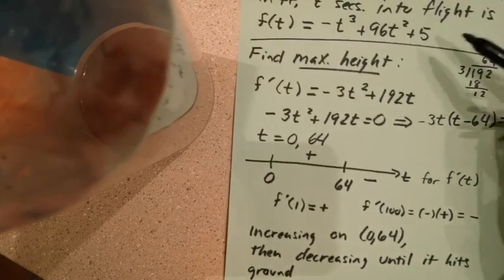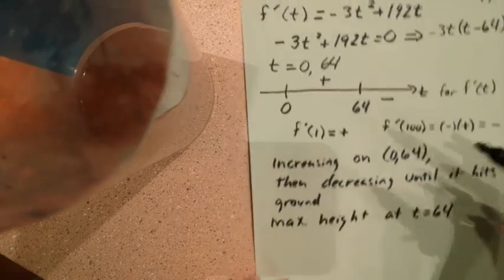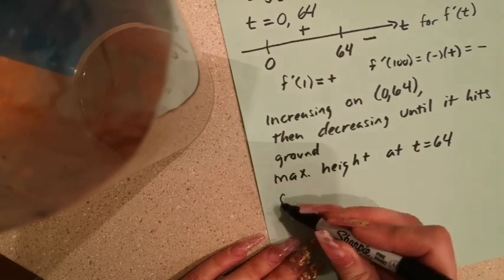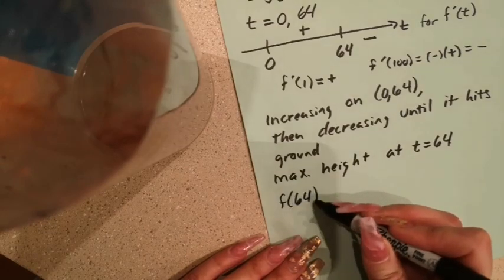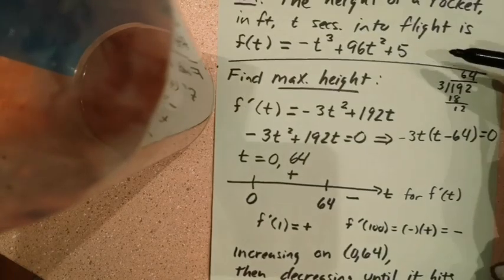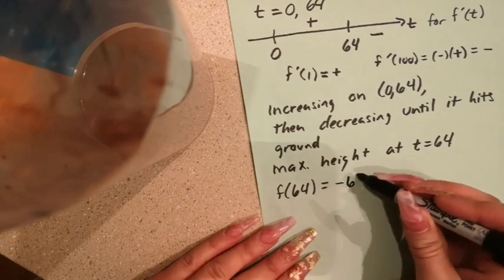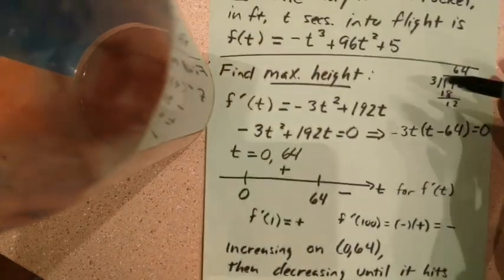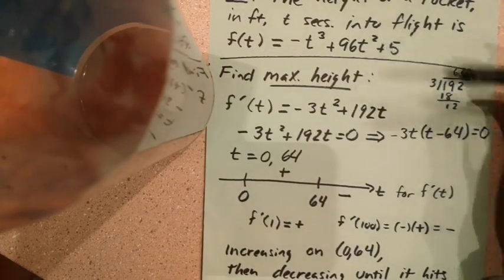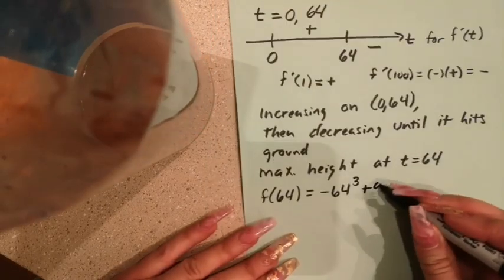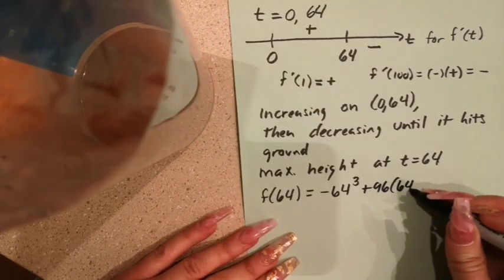Now, since the question actually asked for the max height, I guess I would have to determine what is f of 64. So that's looking at this guy. So that'd be what? -64 cubed. And then what's the rest of this? Plus 96 times 64 squared.